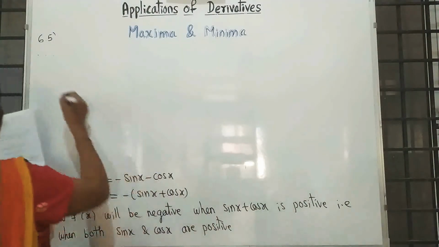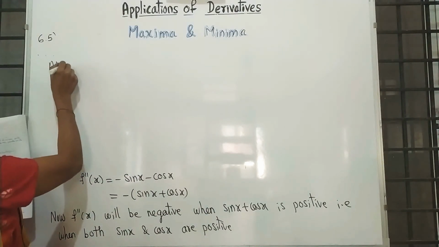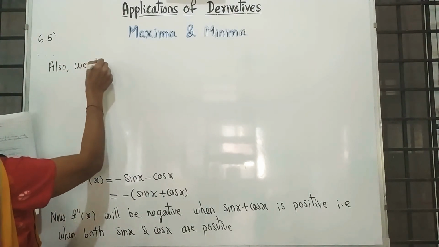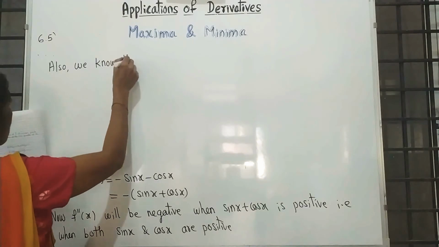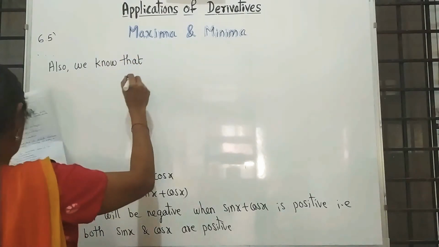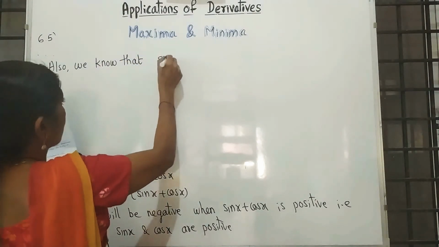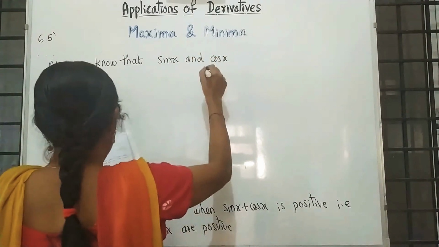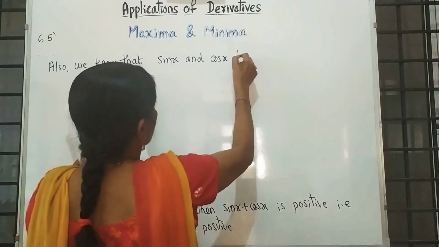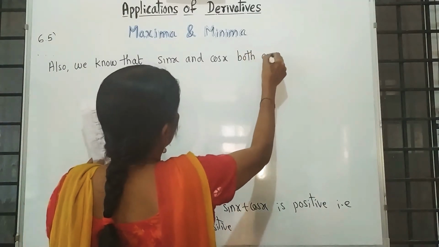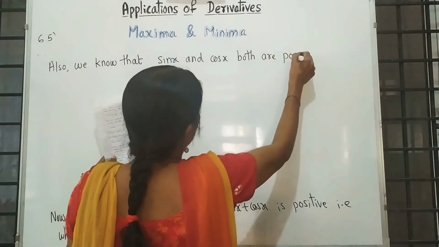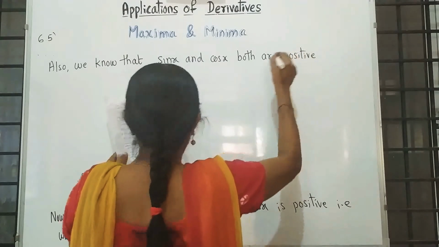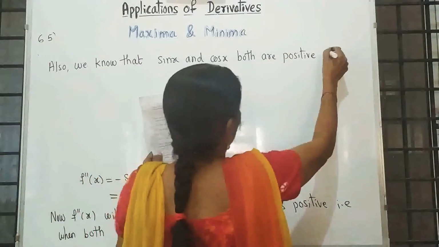Also we know that sin x and cos x both are positive in the first quadrant.